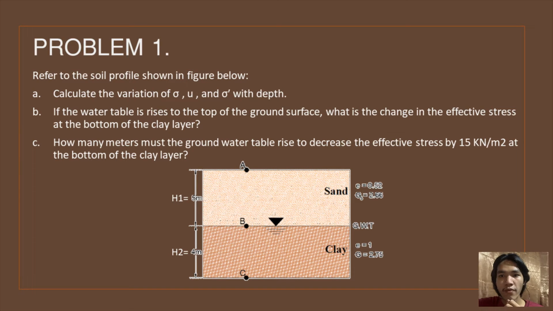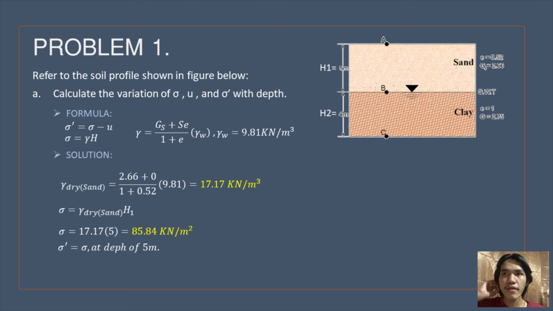And the third is how many meters must the groundwater table rise to increase the effective stress by 15 kilonewtons per cubic meter at the bottom of the clay layer. First, we need to calculate the variation of the total stress, the pore water pressure, and the effective stress with depth.